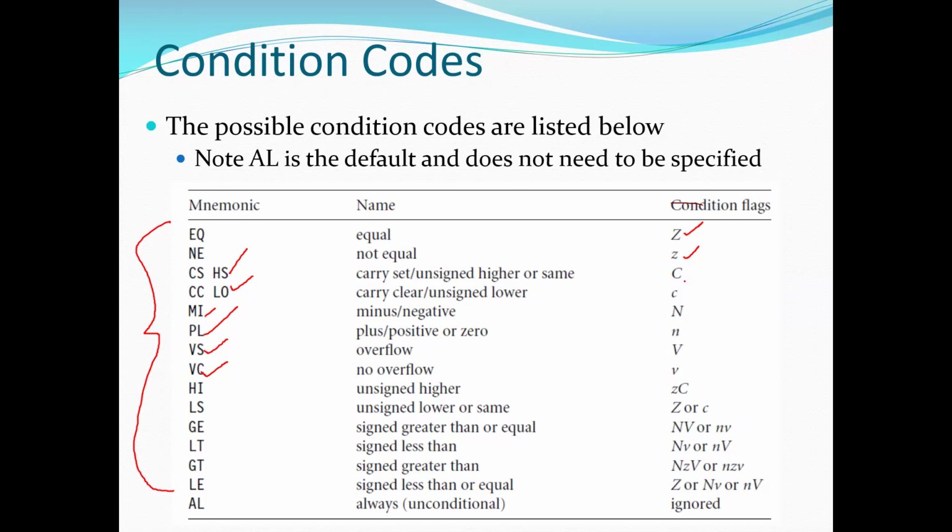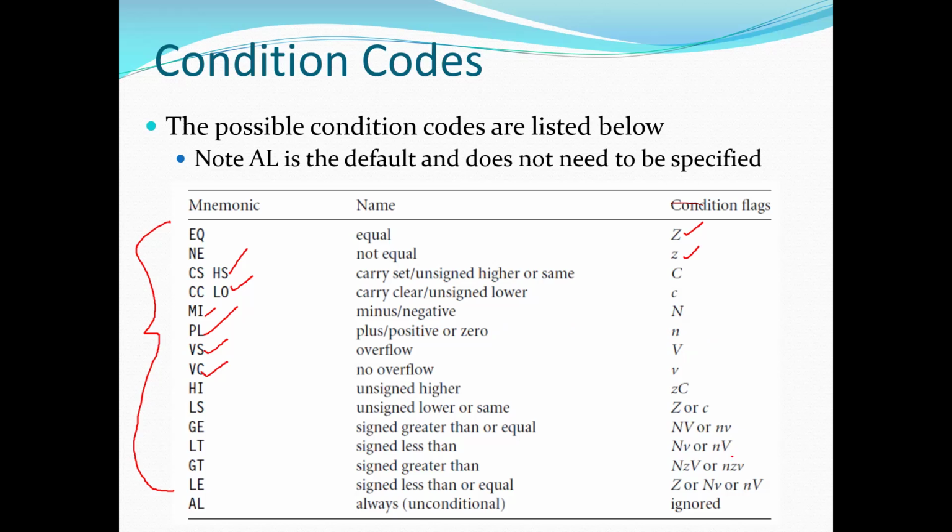Carry set, carry is 1, then capital C. Small c means carry clear. Capital N, negative flag is 1, means the sign bit is 1. It says that the number is negative. If it is a small n, it is 0. It means the number is positive. Capital V, overflow occurs, small v, no overflow.